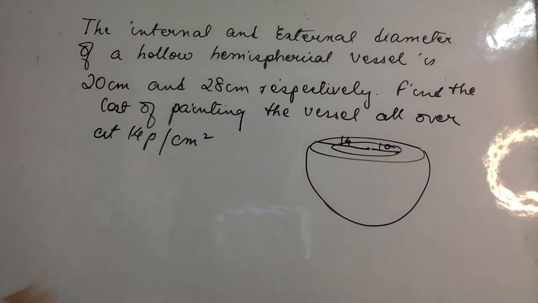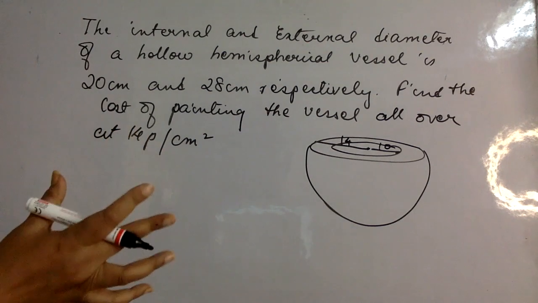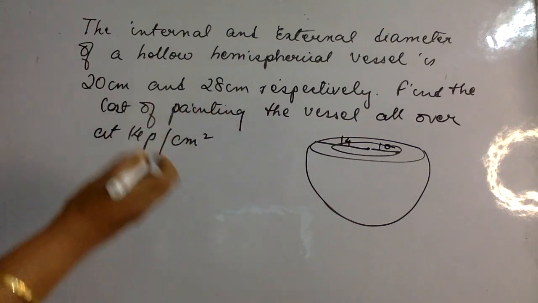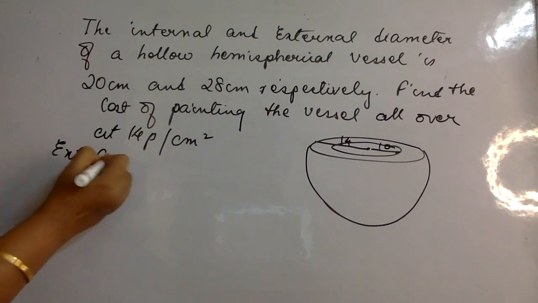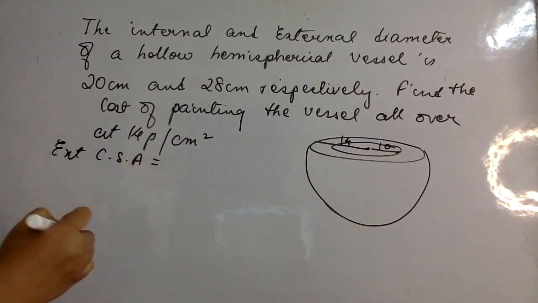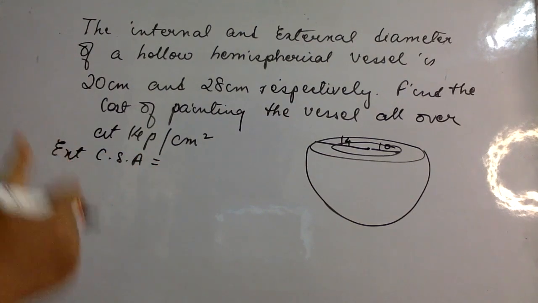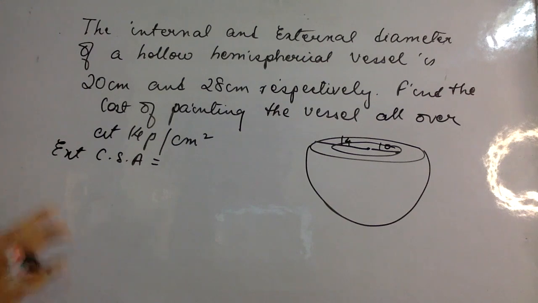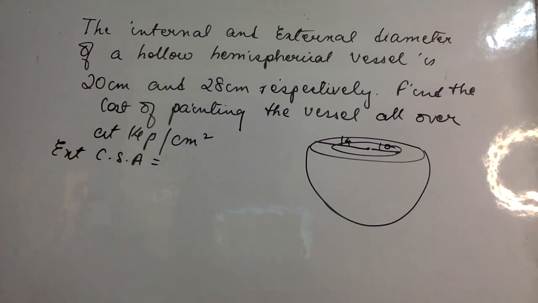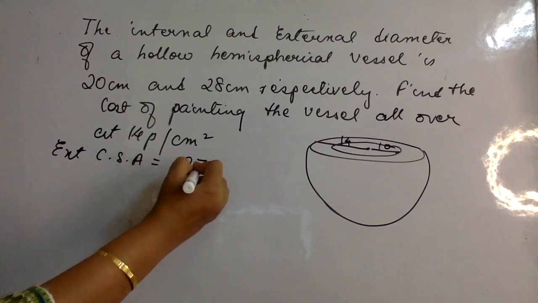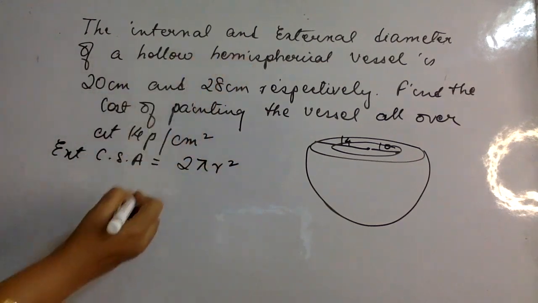Then let us first find the surface area. How do we find the surface area of this? Okay, so first is external curved surface area, because we need to paint. If we need to paint, we have to find surface area. If we are melting, we need volume. So external curved surface area is how much? 2 pi r square, because 4 pi was for the full one.